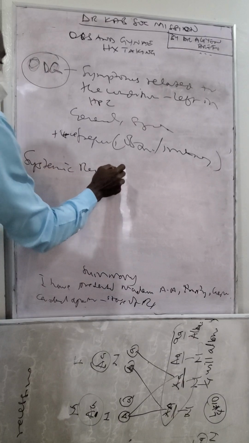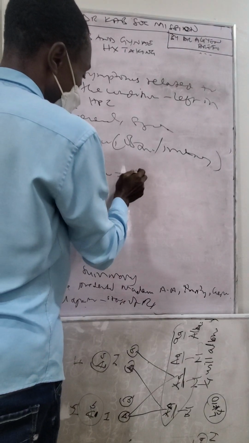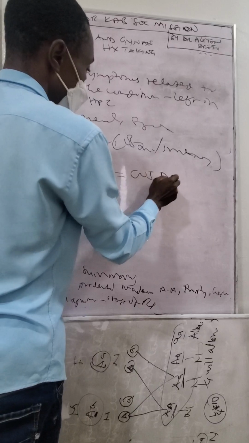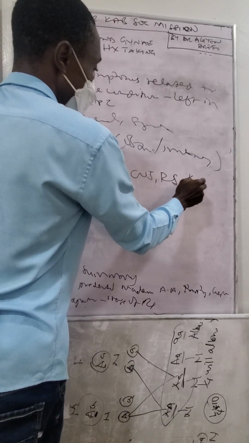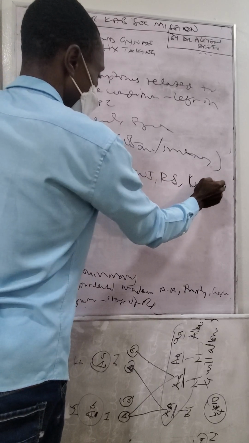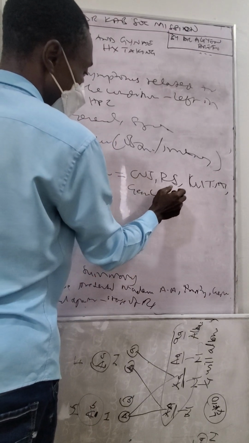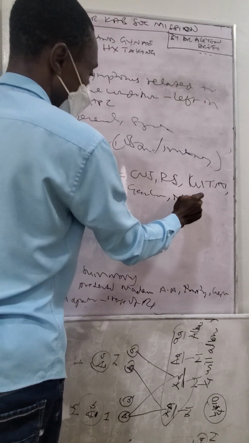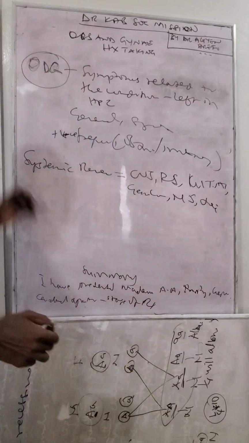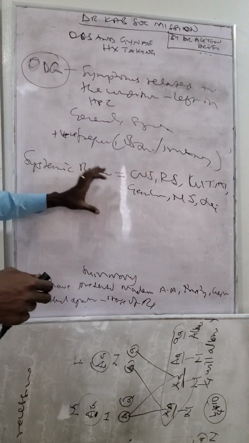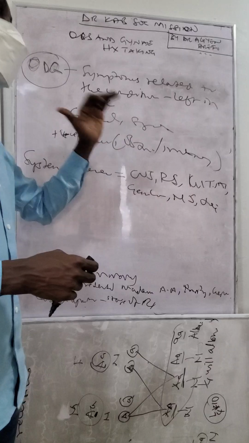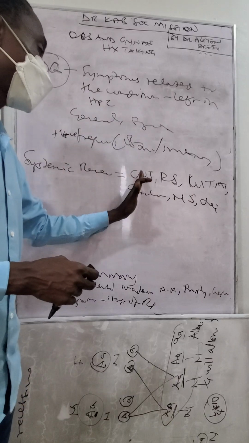The systemic review here, we are going by all the systems, maybe cardiovascular, respiratory, GIT or abdomen. You come to your genitourinary, your nervous system, skeletal. Here, what you are doing with the systemic review is taking each system thoroughly to exhaust everything under that system.